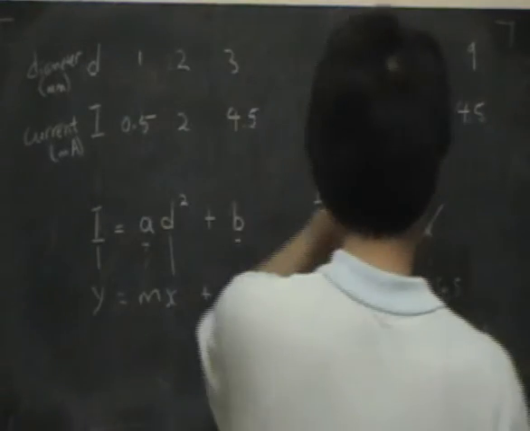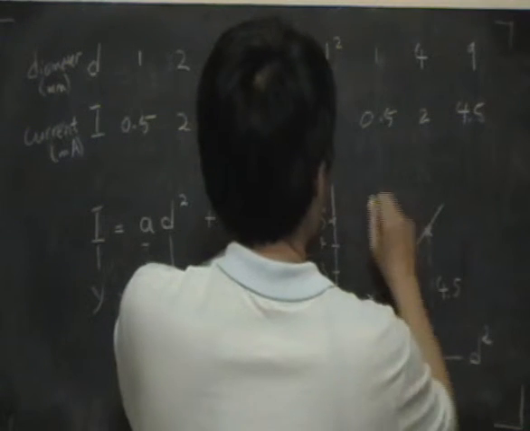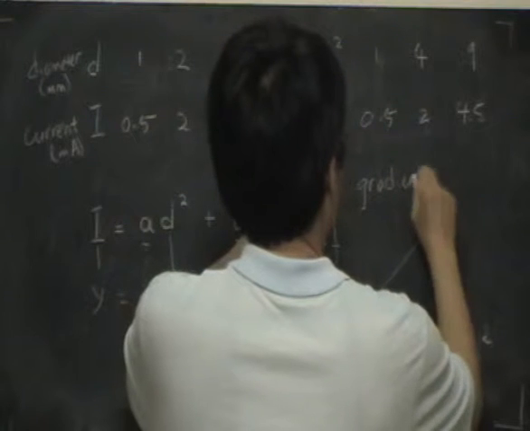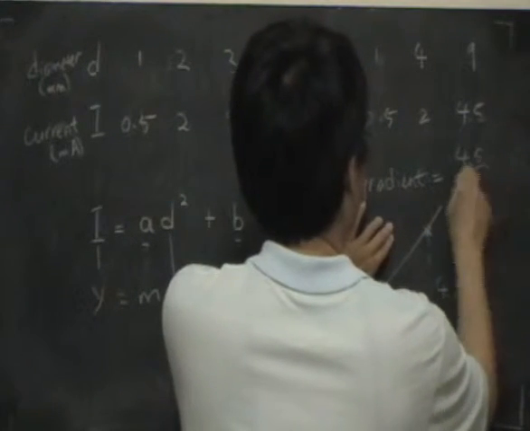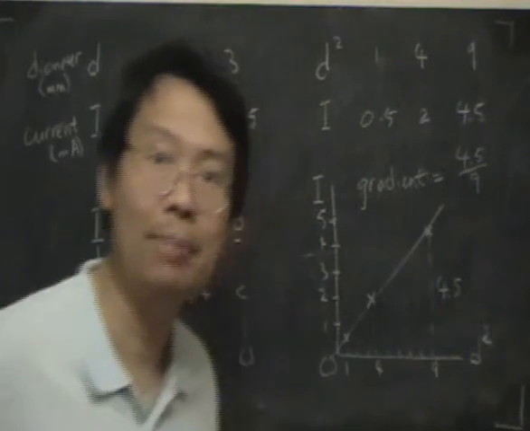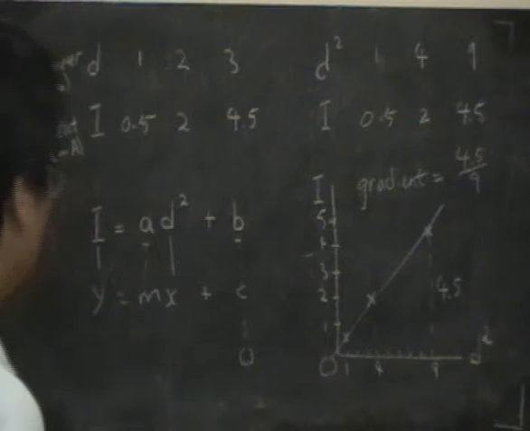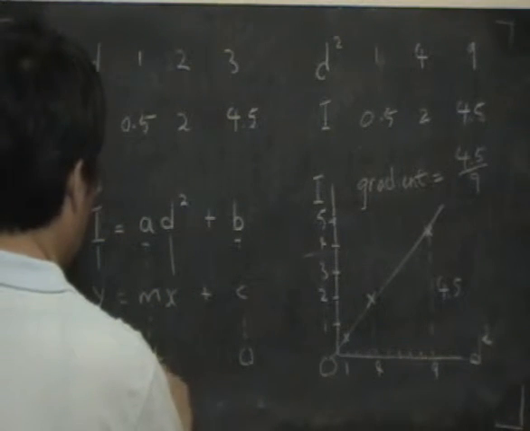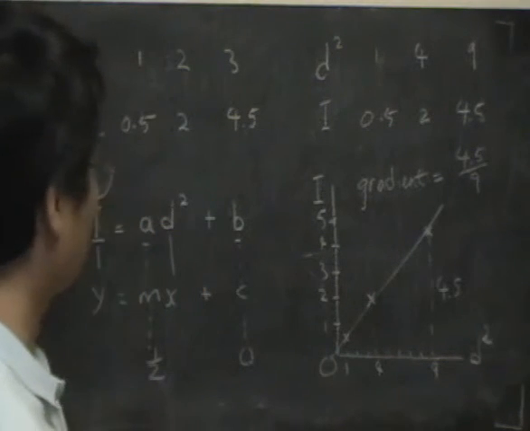Let me write this down. Gradient is equal to 4.5 divided by 9, and that's equal to half. So A is half.